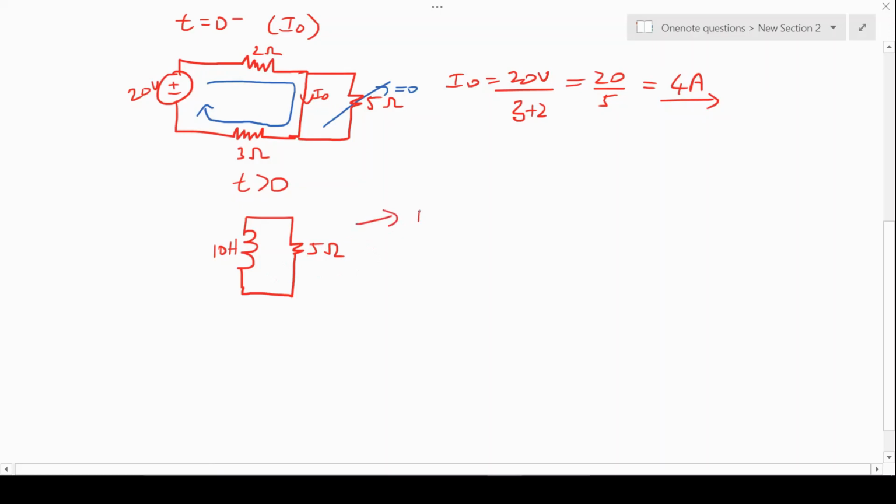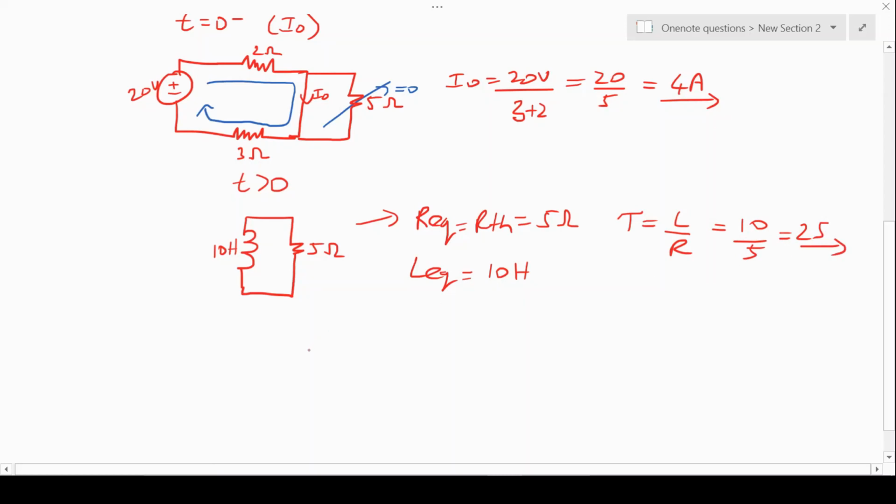From this we deduce that R equivalent, which is RTH, is 5 ohms, and L equivalent is 10 Henries. From that we calculate tau, which is L over R, which is 10 over 5, giving a value of 2 seconds.